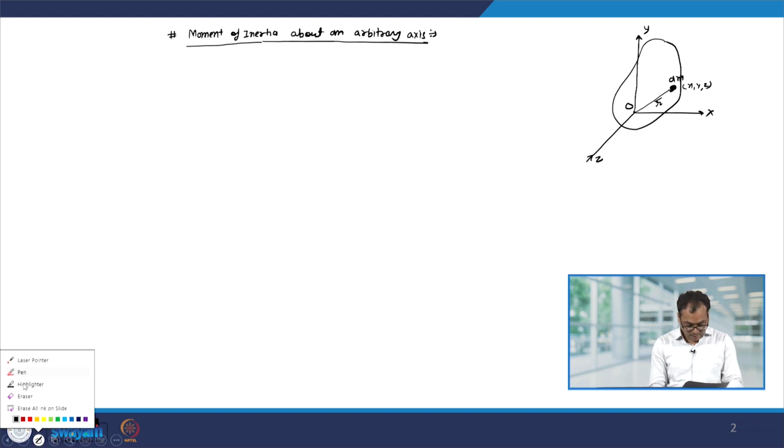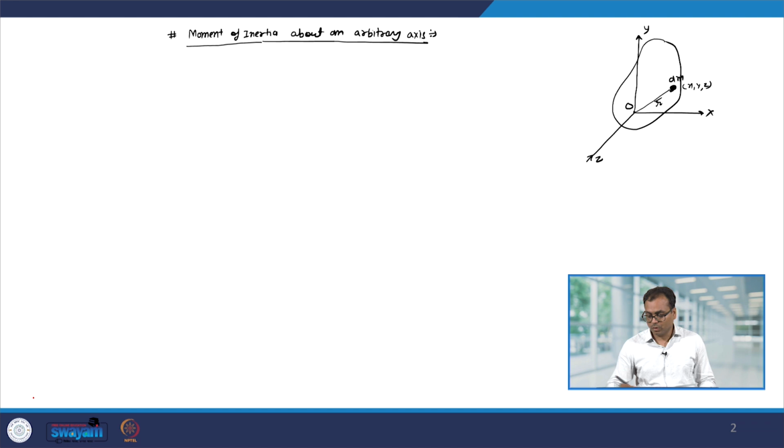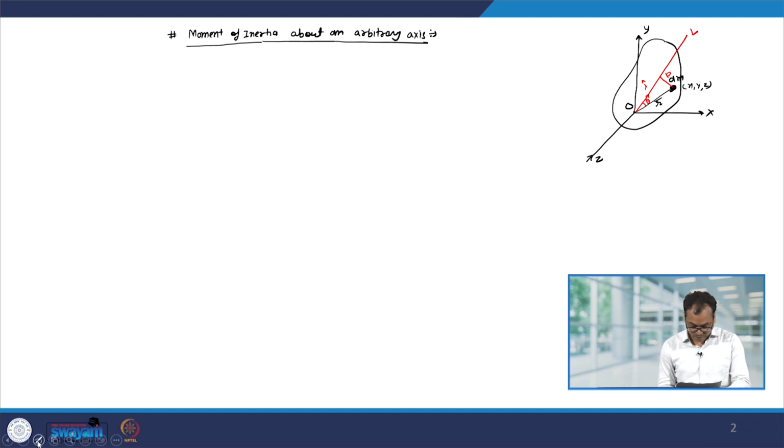Let us say I want to find out the moment of inertia of this rigid body about the axis OL. To find out the moment of inertia, let us say that the unit vector along OL is lambda cap and this lambda cap is making an angle theta with vector r and the perpendicular distance from mass dm to OL is p.